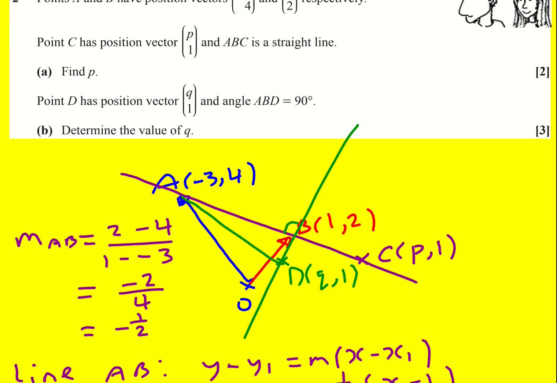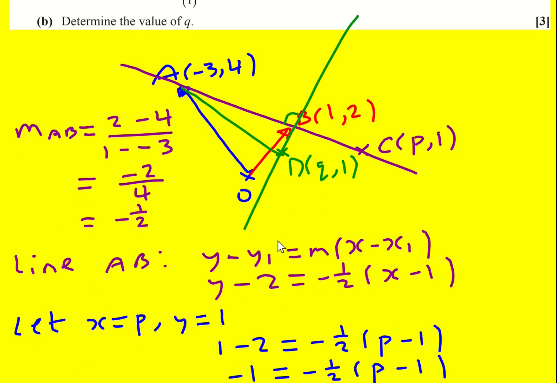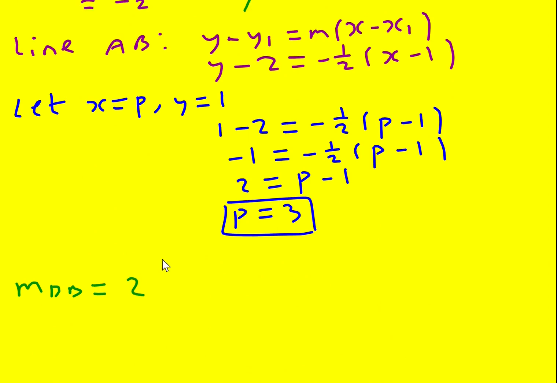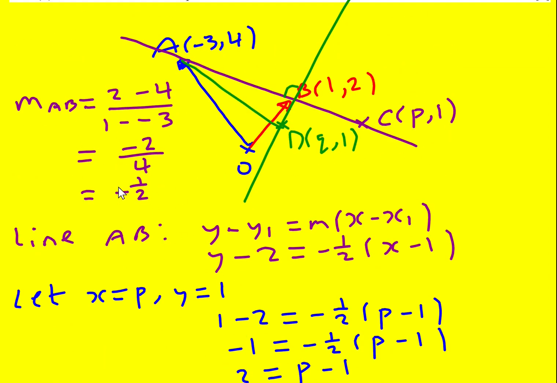Right, now this time I could work out the equation of the perpendicular line using the same kind of method. So m_DB is actually going to equal 2 because it's a negative reciprocal of minus a half.